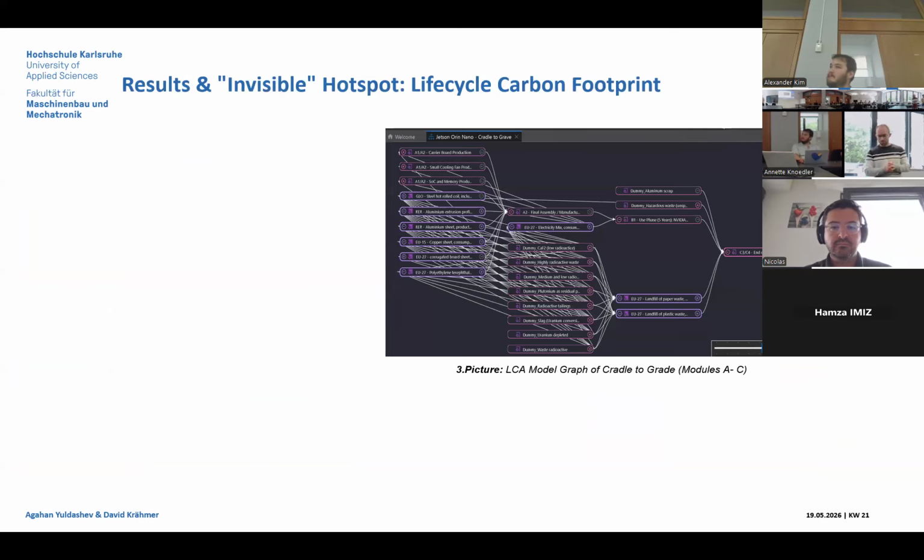Now after we covered all these functional units of our component, we have the final results.